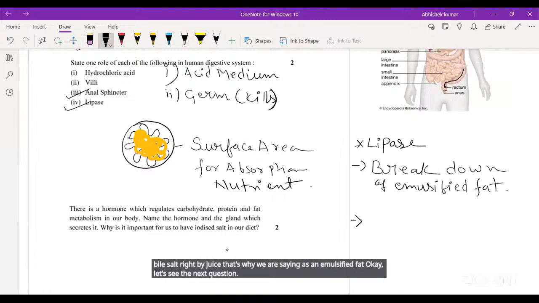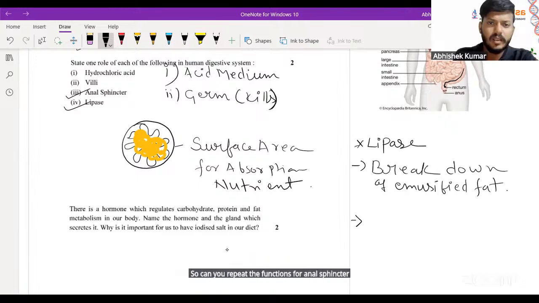Sir, can you repeat the function of the anal sphincter? Okay, yeah, sure. The function of the anal sphincter is to regulate the passage of the digested food.